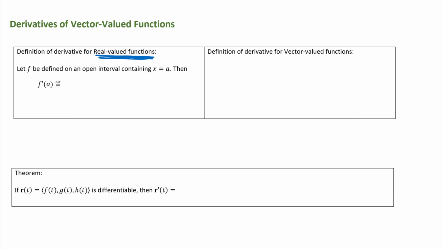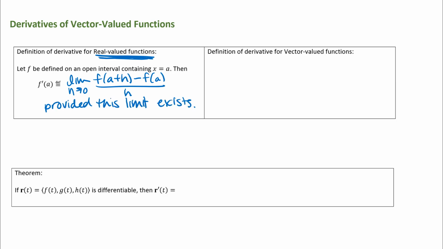If you pause the video and try to write that down, then hopefully this is what you wrote. If f is defined on an open interval containing x equals a, then f prime of a is defined to be the limit as h approaches 0 of f of a plus h minus f of a all over h, provided this limit exists.